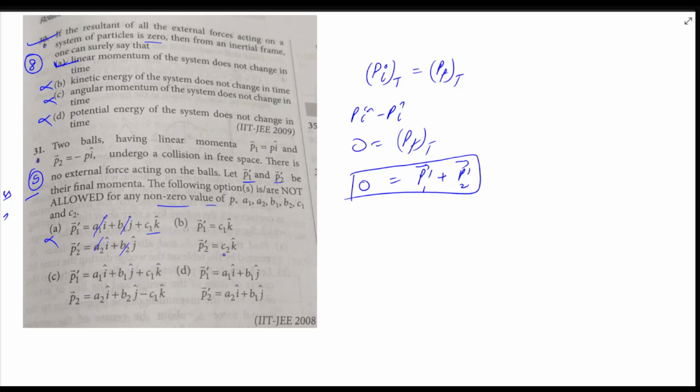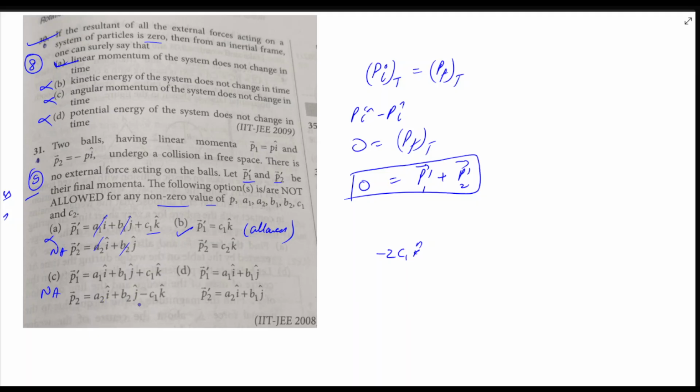Let's check B. It may be possible that these two cancel, so this is allowed. Now this one. Is this allowed? A1 will get cancelled by A2, B1 by B2, but this will become minus 2C1 cubed. So this is also not allowed.